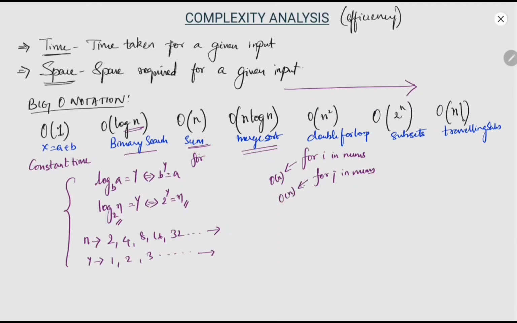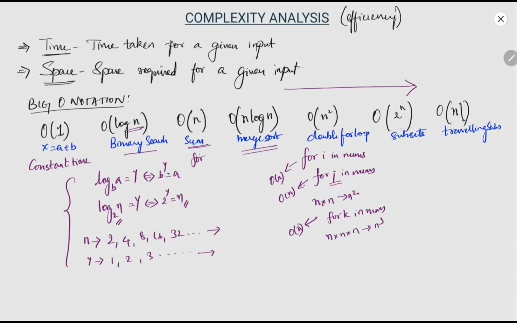Since this statement is within the first statement, we can write this as n multiplied by n, which leads to n square. And imagine if we have another level of for loop here, so for k in numbers, then this will lead to O of n cube time complexity, because this results in n multiplied by itself 3 times.